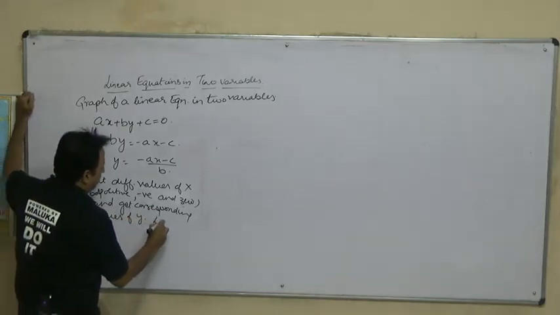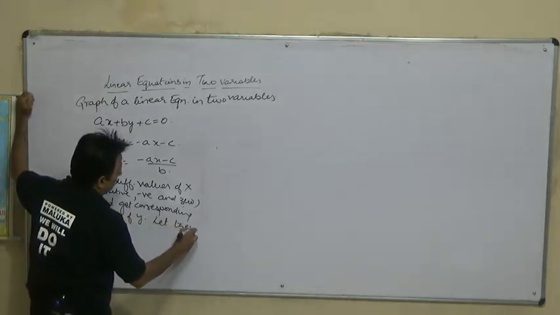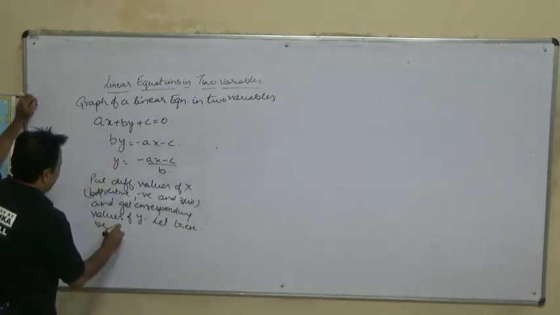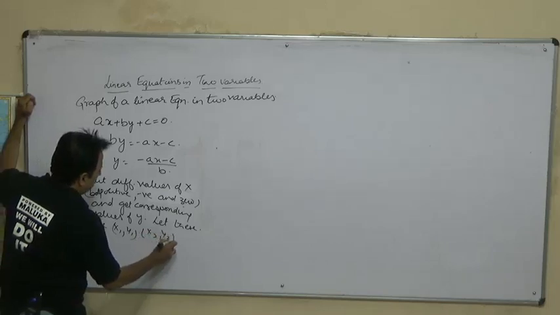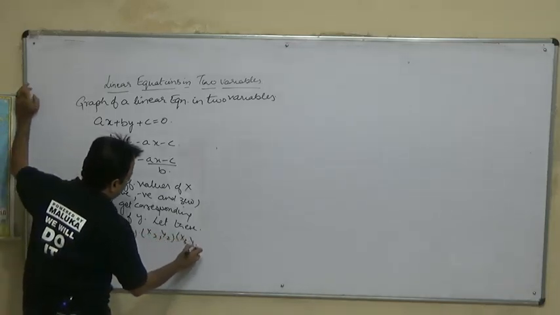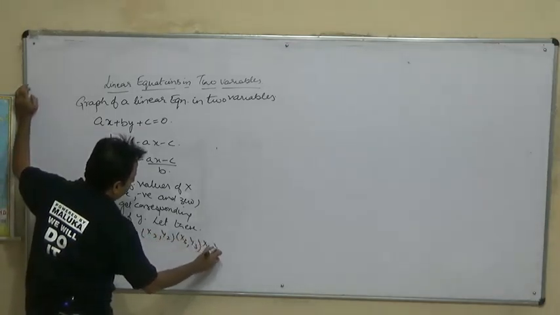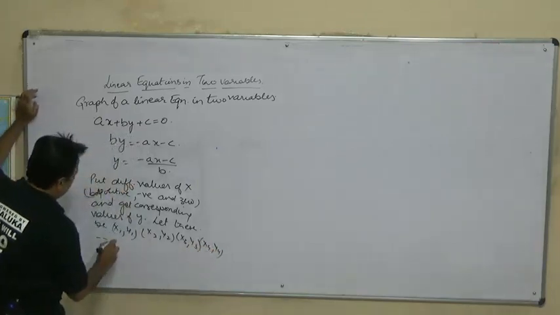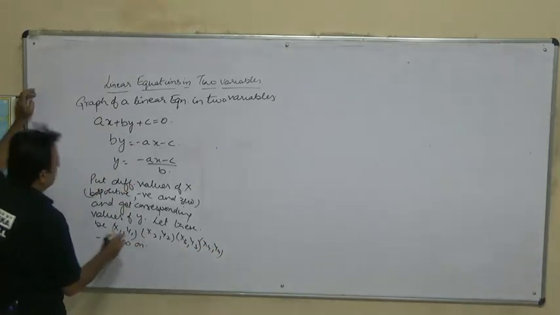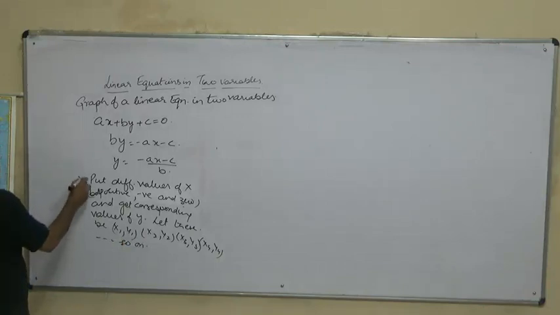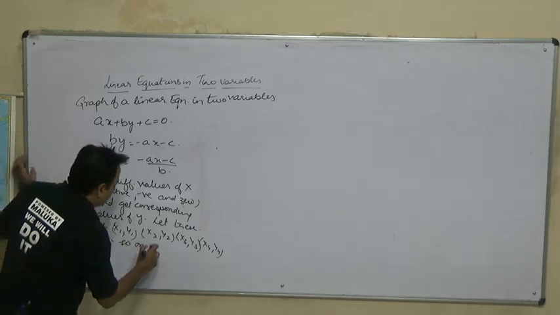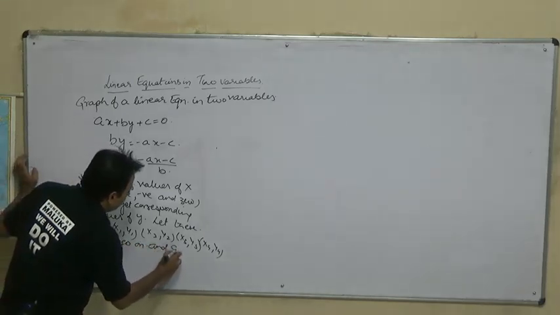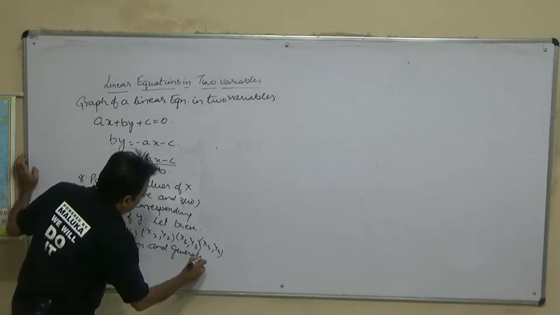Let these be x1 y1, x2 y2, x3 y3, x4 y4 and so on. So the next step is, first we have to get these values and put them in a table and generate a table.